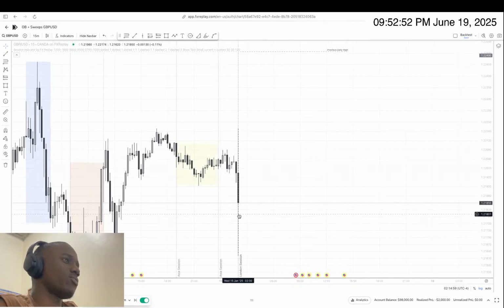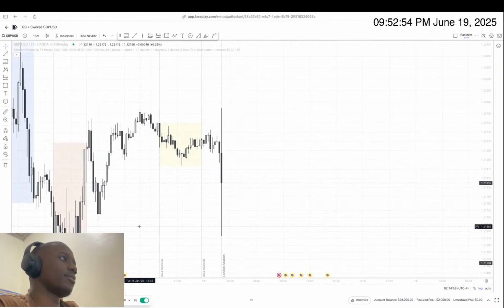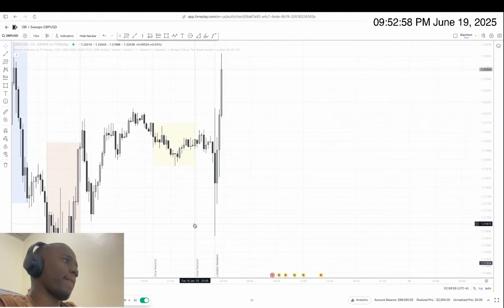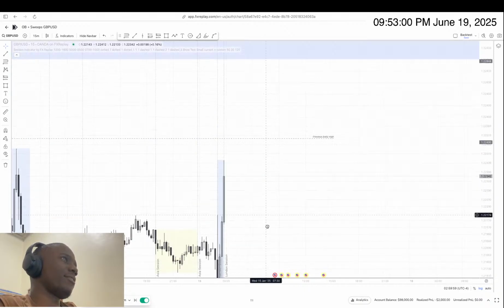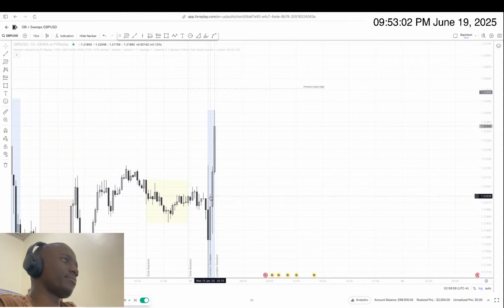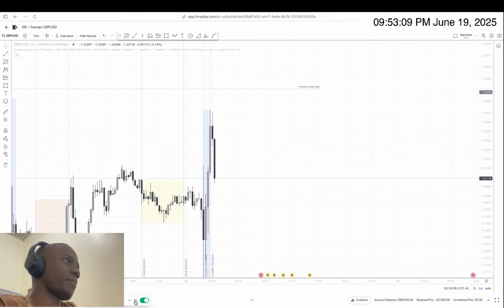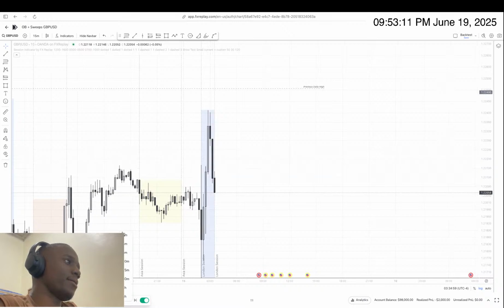Well, what kind of sweep is this at London? Crazy one. We take out this low and we create a fair value gap right there, which there are less chances of retracing back into. Okay, to react off of it.